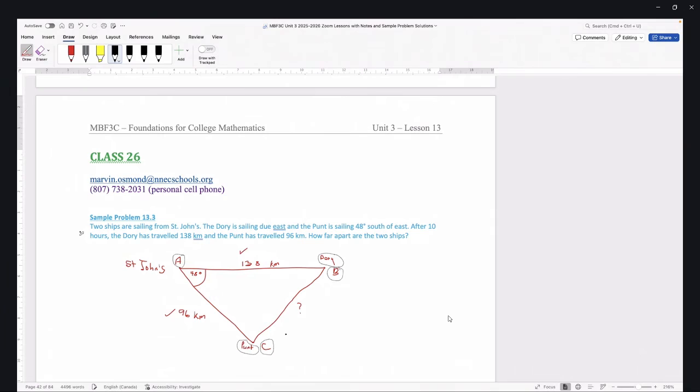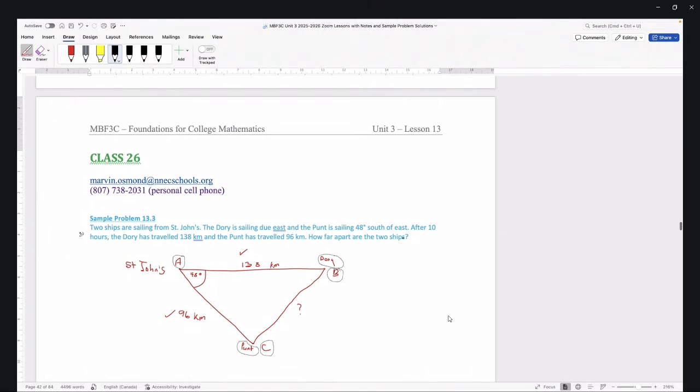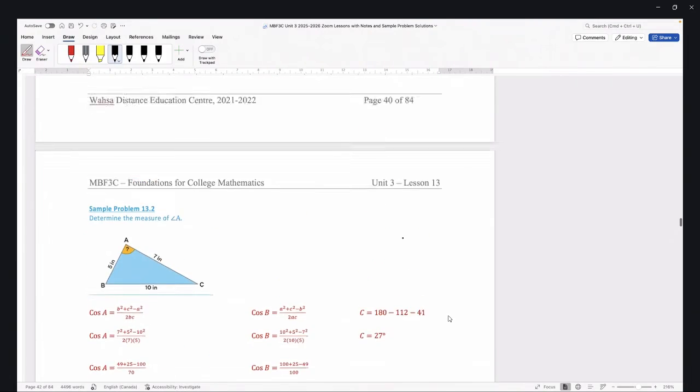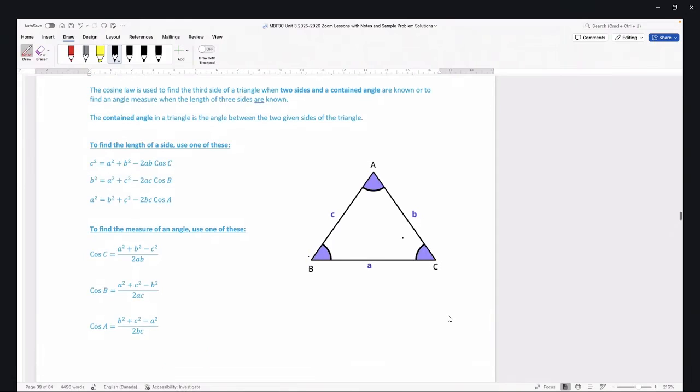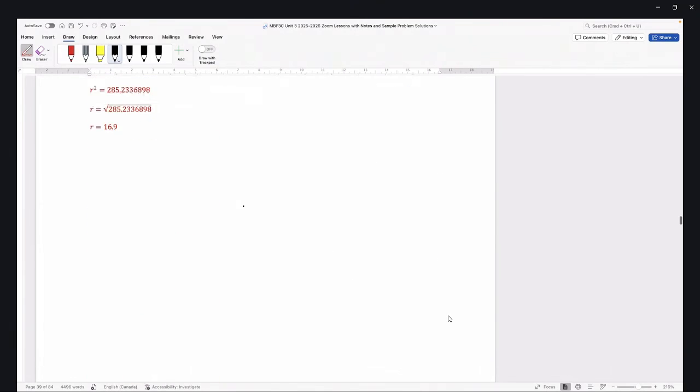and C. And the reason why I labeled them A, B, and C is if we scroll back up here and take a look at the formulas for the cosine law, we're dealing with angle A, angle B, angle C, side A, side B, and side C. So it makes it easier just to pick out one of these particular formulas and use it to solve the problem.